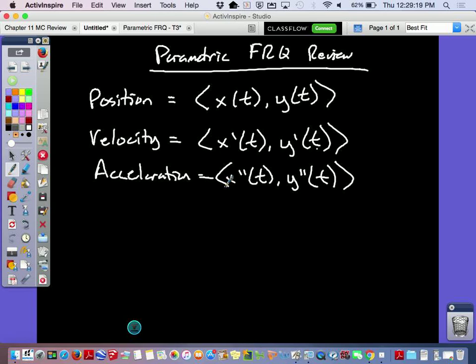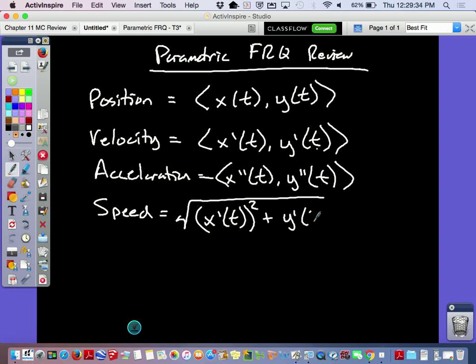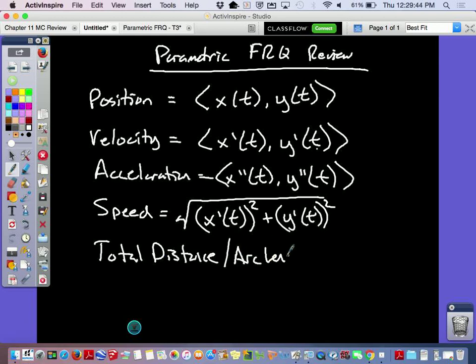A couple other very direct, straightforward formulas. Again, these should be fresh in your memory from your last test. Would be the speed equation, which is the square root of x prime of t squared plus y prime of t squared. And if you're asked for total distance traveled, or they could call that the arc length, to find that, we do the integral of the speed.